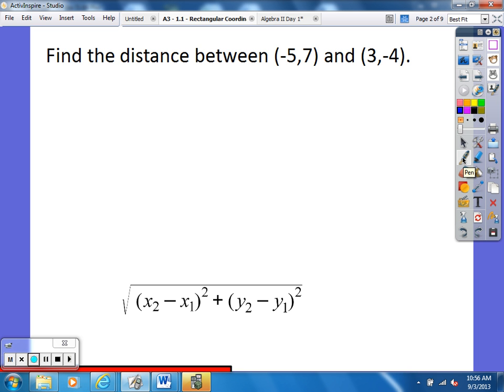As you're doing that, I'm actually going to label these points, x1, y1, x2, y2. I always find that it's helpful if I label the points.